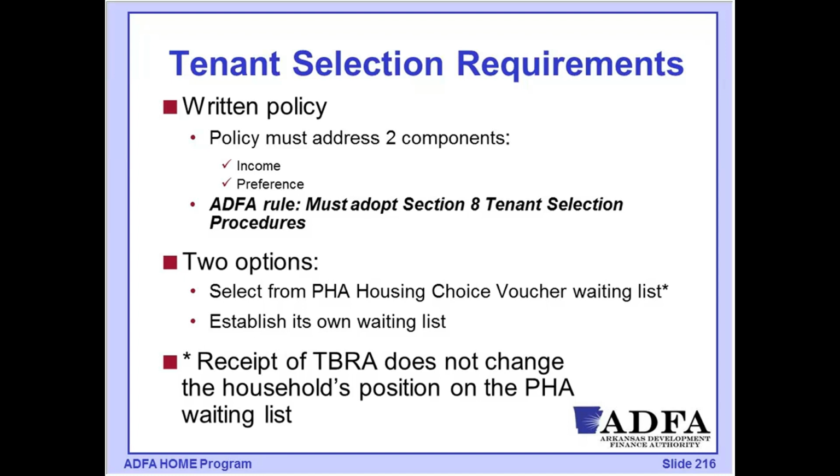And so that's really our exit strategy in this case, that at the point that their TBRA funding ends, we're hoping that they will come up on that list and be able to have a longer-term PHA Housing Choice Voucher. Alternatively, you could establish your own waiting list, and that needs to be part of your program design.